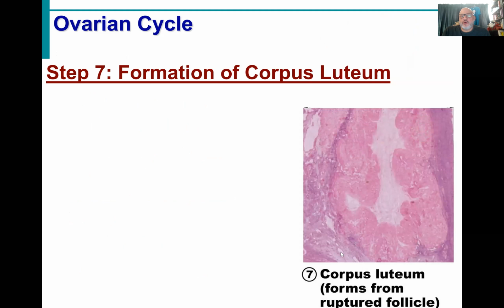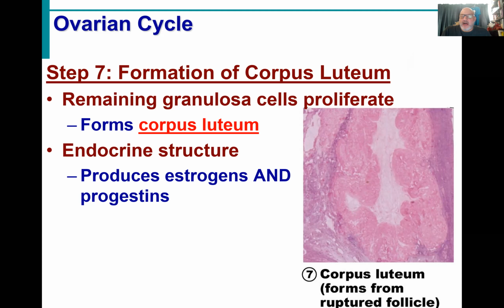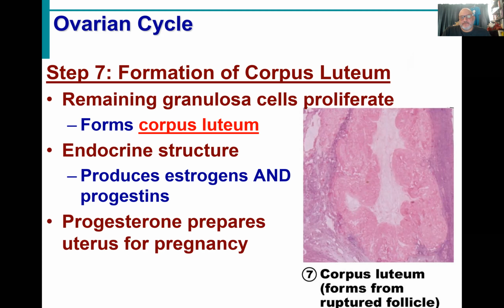But it gets transformed into this massive glandular structure called the corpus luteum, an endocrine structure that produces estrogens and progestins, telling the body ovulation has occurred, get ready for fertilization. The body gets prepared for pregnancy.